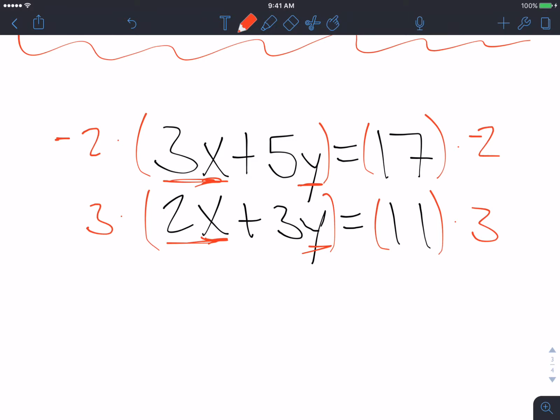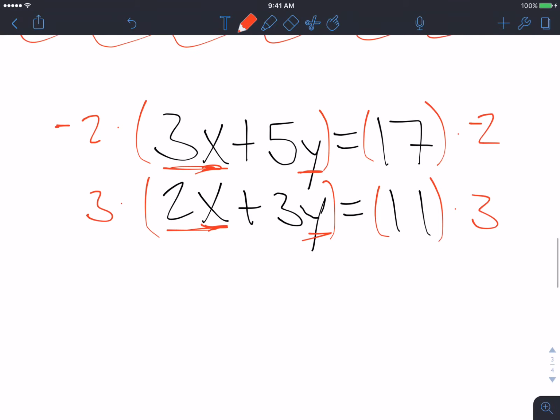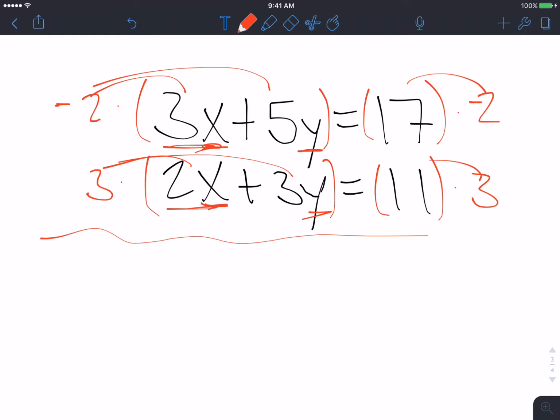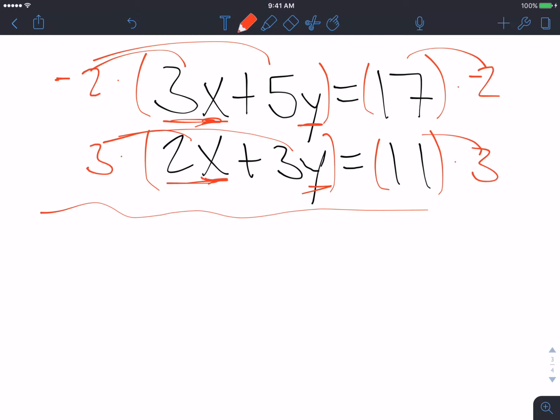Okay, and we're going to see if this will work. So, one at a time, distribute. And I'm going to break that up here. Distribute. And let's rewrite these as negative 2 times 3 is negative 6x.